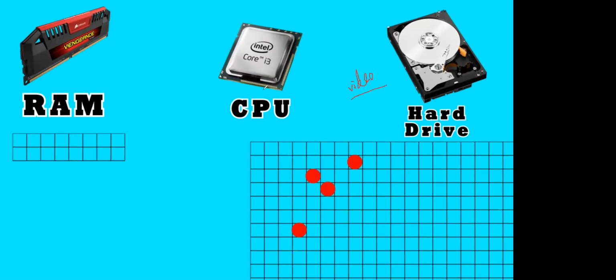If you open that video, the CPU will find where that file is exactly. So these are the files that need to be loaded. The CPU will load the file to RAM in order to play the video.